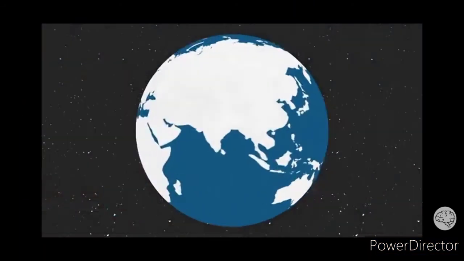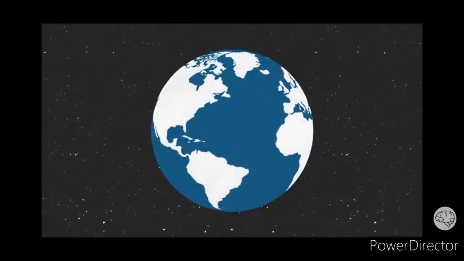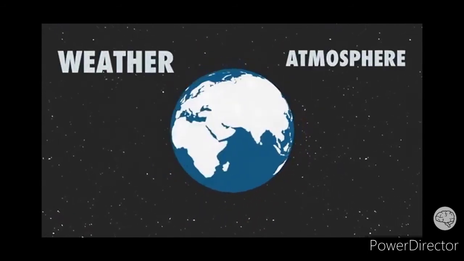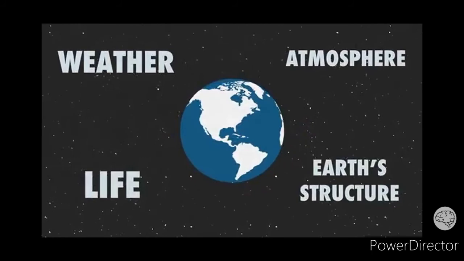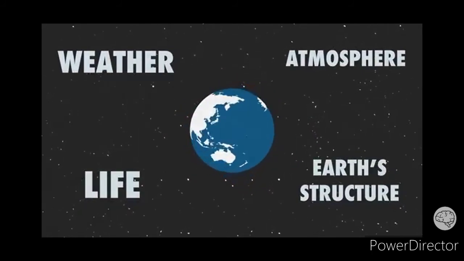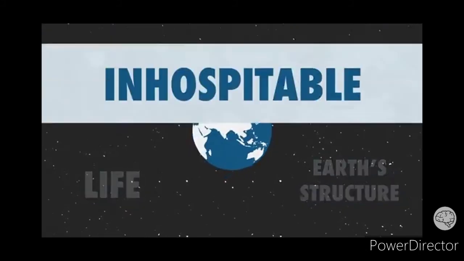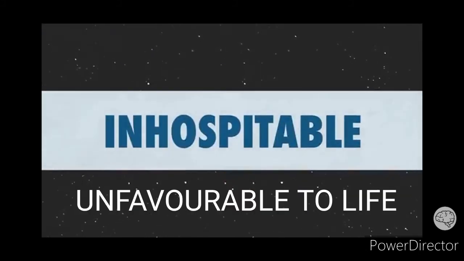In this situation, life would not be possible on the earth. The earth's rotation is a key component for making life possible. Without rotation, weather, atmosphere, life and earth structure will change drastically and would make earth inhospitable and unsuitable to live.